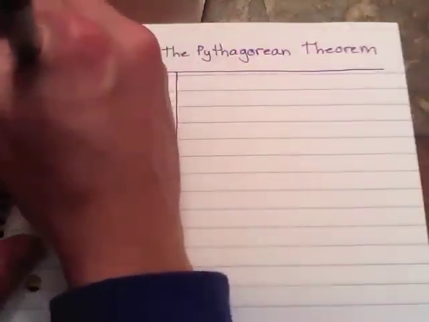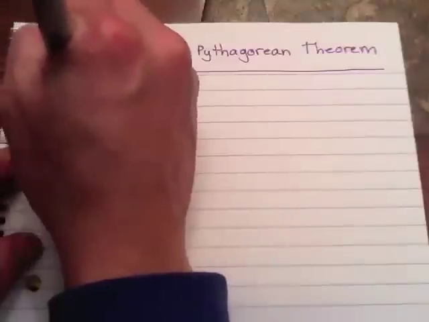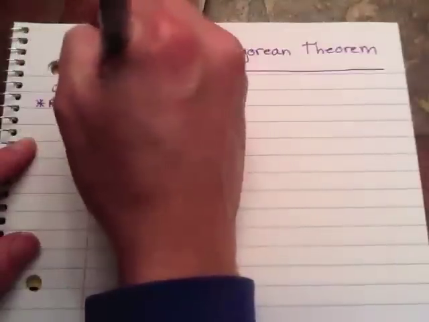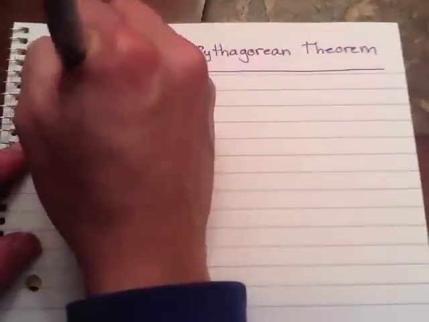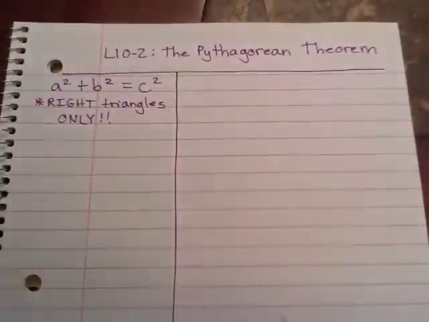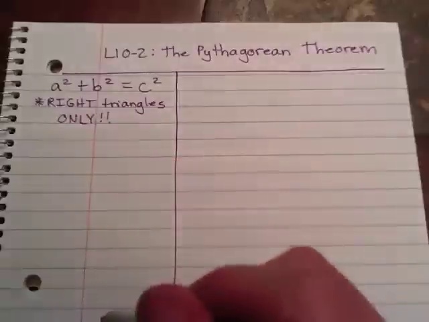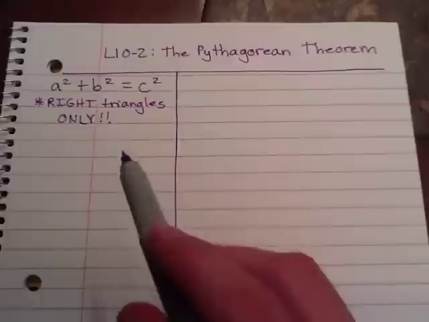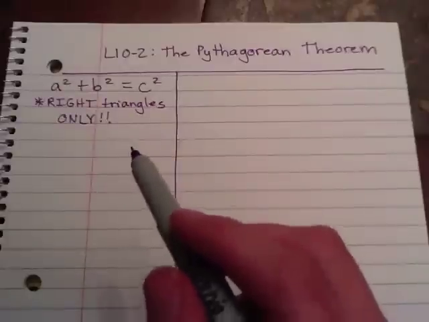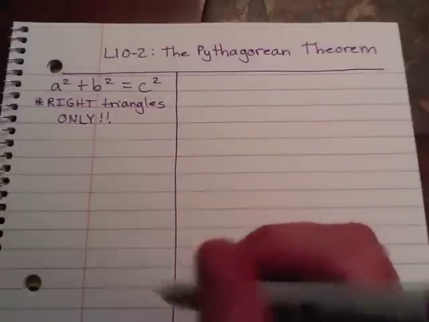So this only works for right triangles. Every once in a great while you'll find a triangle that it works for that's not a right triangle, but you can't count on that happening every time. So you really only want to use this when you see right triangles.